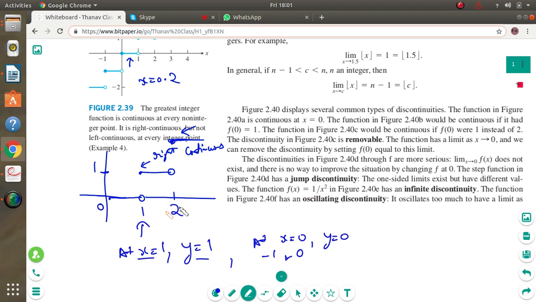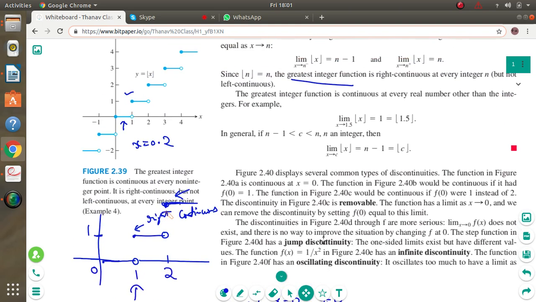Now you understand the meaning of the greatest integer function. It's this diagram. So at the greatest integer, it is right continuous. Again here right continuous, again here right continuous, again here right continuous.